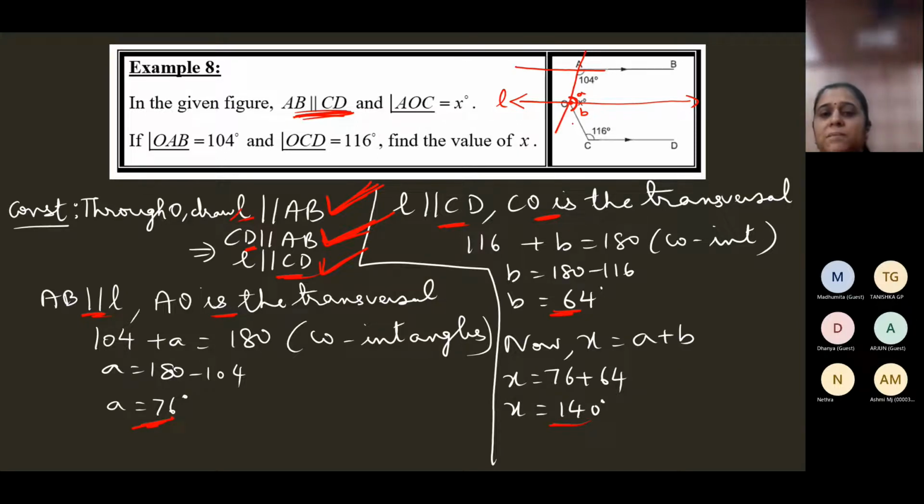Can you see the parallel lines? AB is parallel to L, and AO is a transversal. See that? So 104 and B are co-interior angles, so they're supplementary. Similarly, produce CD, and this is the transversal CO.